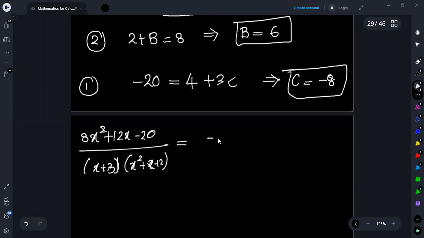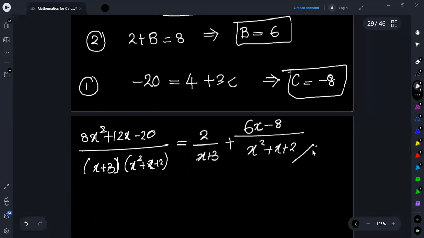So 2 over x plus 3, plus b, the value of b is 6, so 6x, and c is minus 8, over x squared plus x plus 2. So this is the answer for this example.